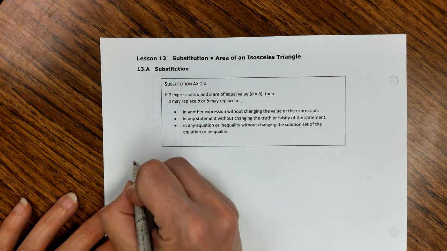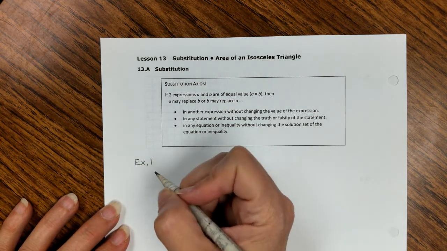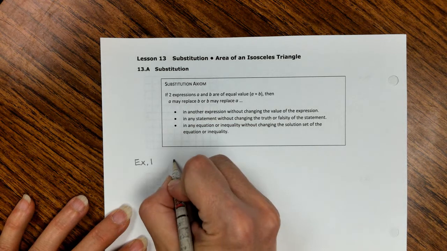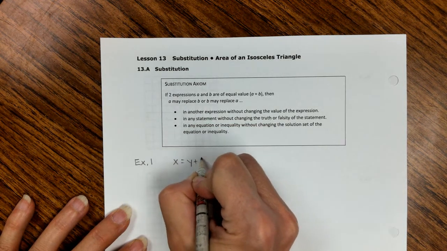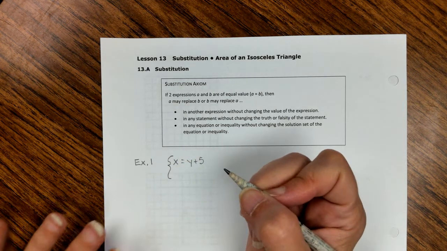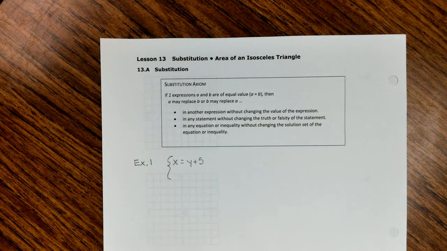And I didn't have the examples pre-typed for you, so let's go ahead and do example 1. There are going to be 3 on here. And we have x equals y plus 5. And for the second equation, you put a big brace just on the left side of this to show that they're together.